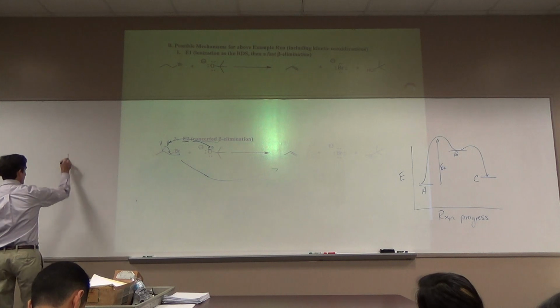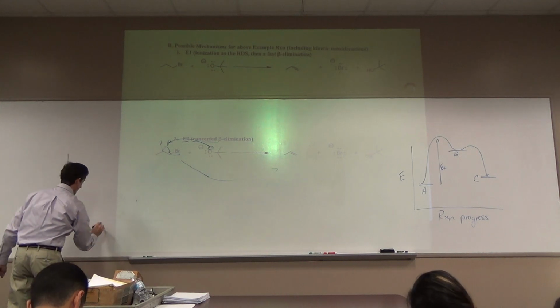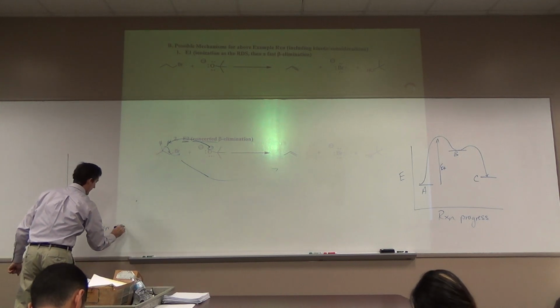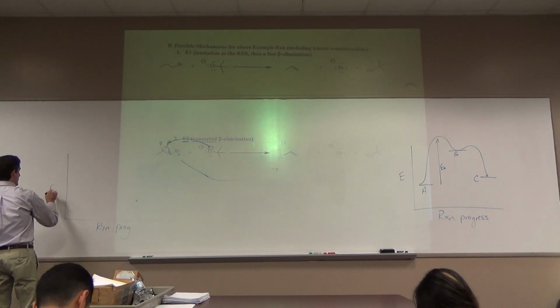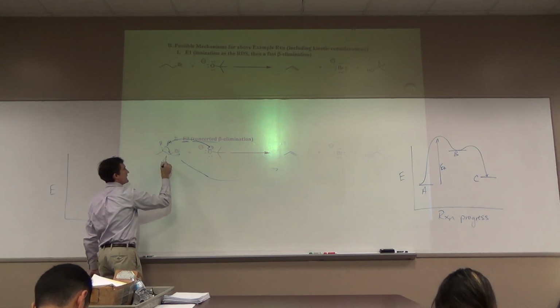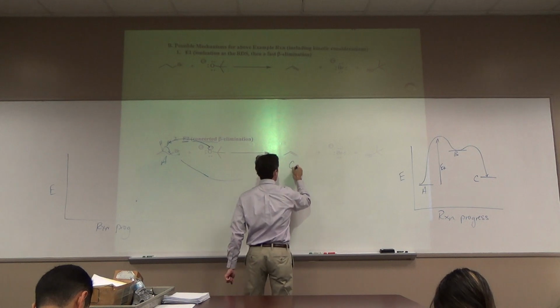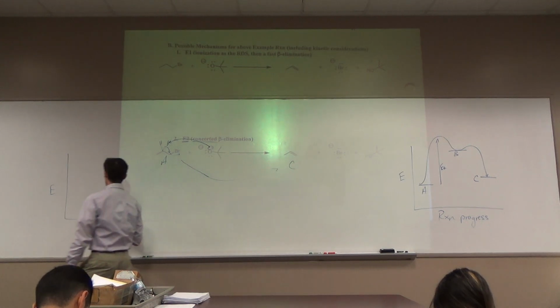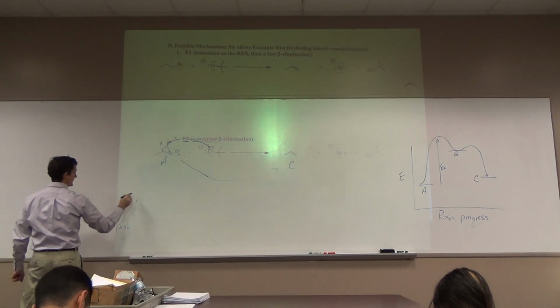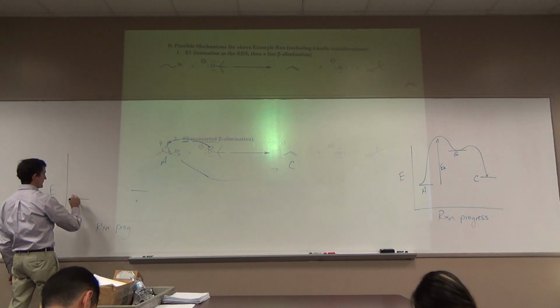If we graph this one, what would it look like? This is A, and this is C. Is that right? We go from A to C. What do we have?